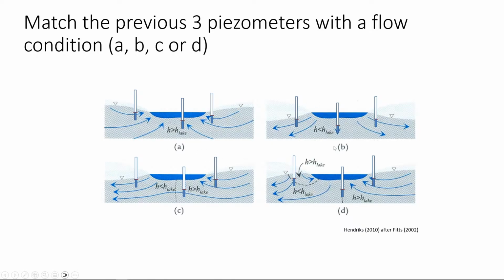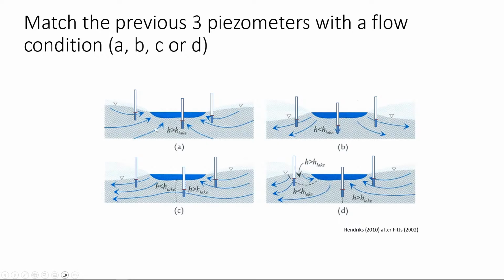So that's my question to you. In the previous examples, if we spread these wells, not making nested piezometers all in one casing but spreading them, and we took three different measurements, which case would you get?